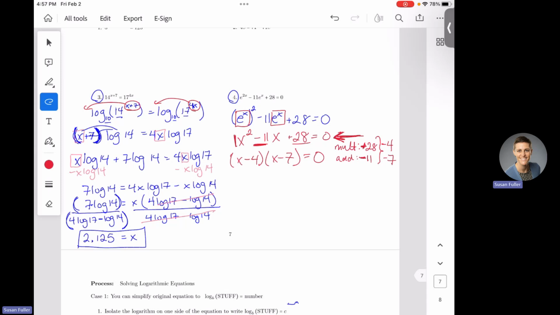But remember, our original problem didn't have just x's, right? It had e to the x instead of x. So now that we have this factored, with the structure of the problem, we're going to come back to our original variables, and I'm going to put the e to the x's back in.